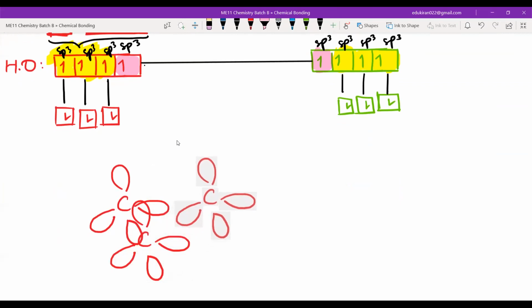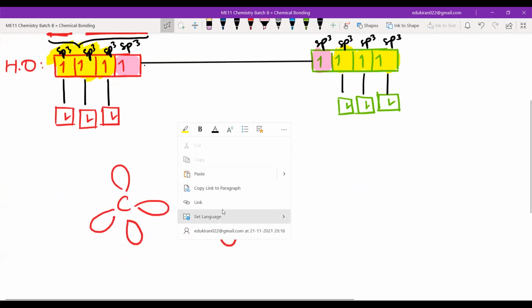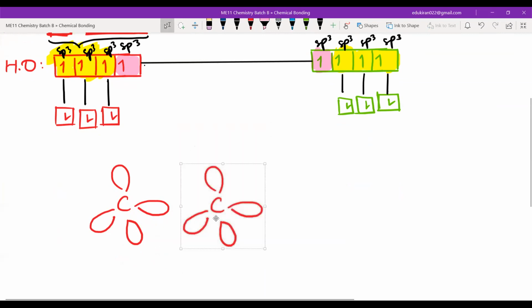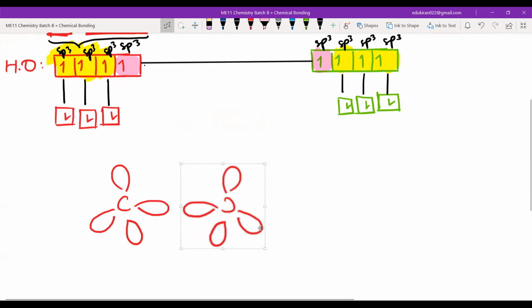There will be a green carbon atom, which I can just flip back in some way. Let me just rotate it horizontally. Okay, and then I have to erase this carbon atom. I have also turned it to green now. I will erase this carbon and write this carbon here properly.